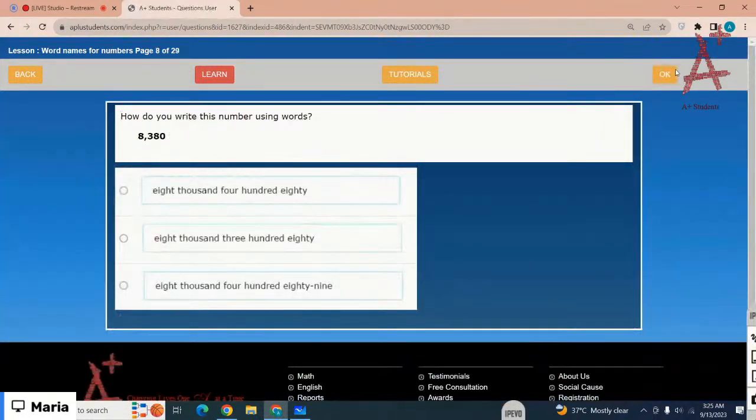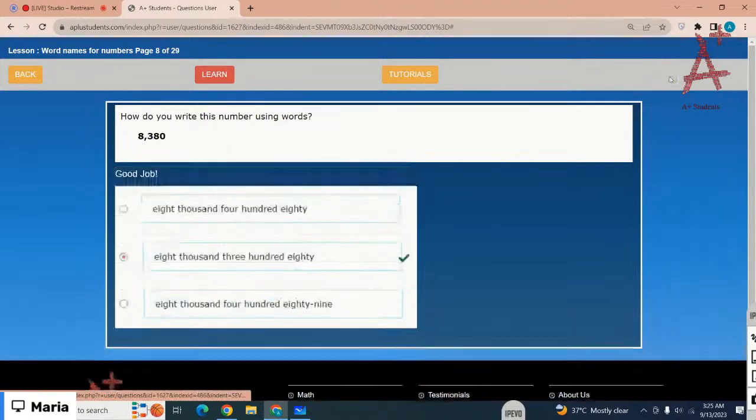How do you write this number using words? 8,380. How do you write it? Yes, that would be the second one. 8,380. The second one is the correct option.